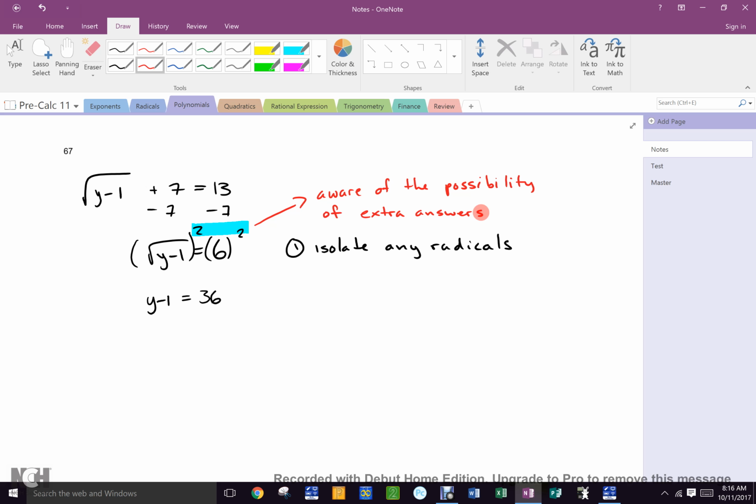Yeah, because the square root of anything is both the positive and the negative. But in this original equation, there was nothing squared, was there?